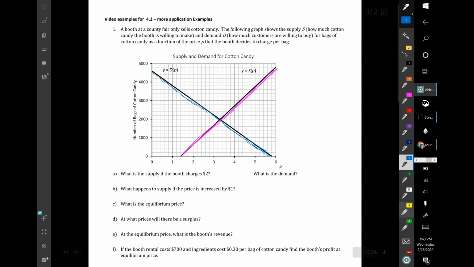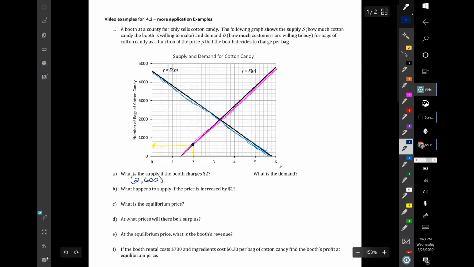If I have $2 and I go up to this pink line, which is the supply, then I look to the left at my y-axis to see how much that is. At $2 I have the point right here, and counting 200, 400, 600, 800, 1,000, that would be 600.